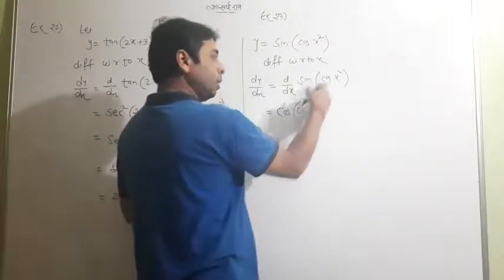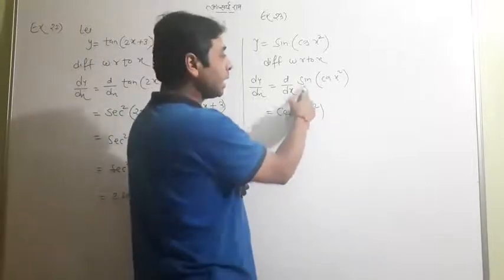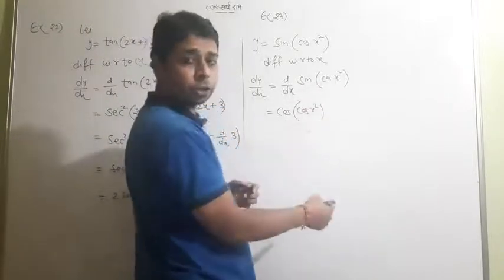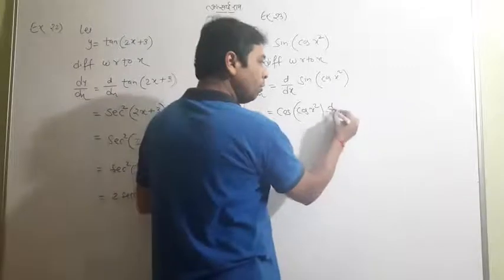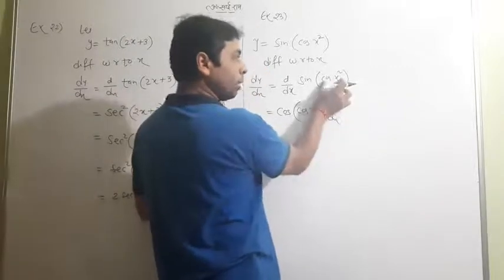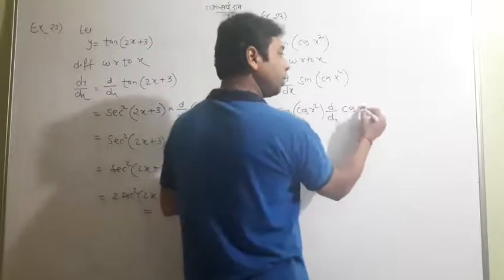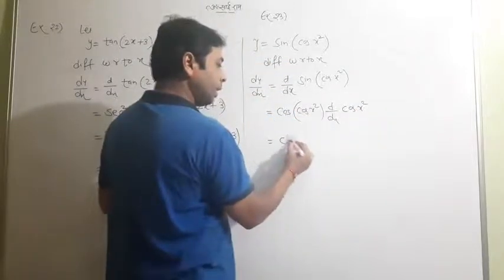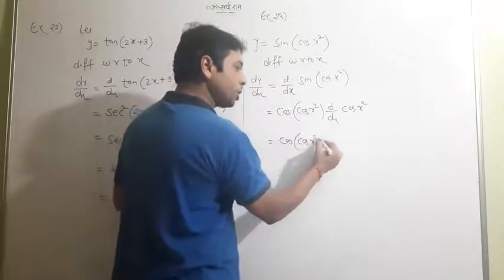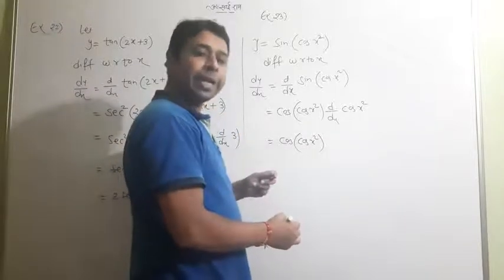Sine of theta gives cos of theta. Simple. Sine of x is cos of x. Differentiation of sine is cos. Now the rest of the portion will be differentiated once again, and this portion has already been differentiated, so don't touch it. Write it as it is.